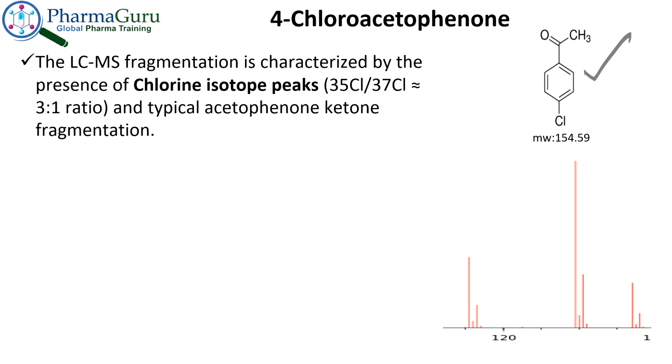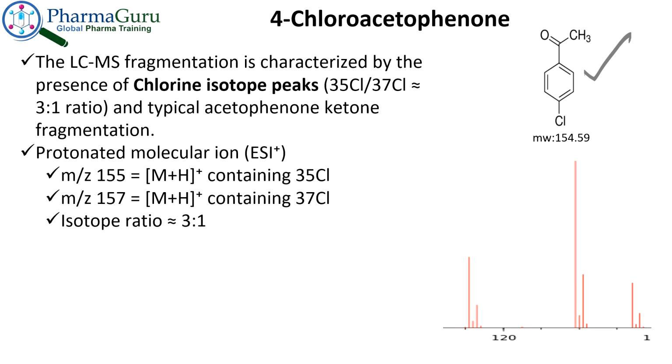The precursor ion M plus H for chlorine with atomic mass 35 will be 155, since its molecular weight is 154.59, and M plus H for chlorine with atomic mass 37 will be 157, and its ratio is expected to be 3:1.